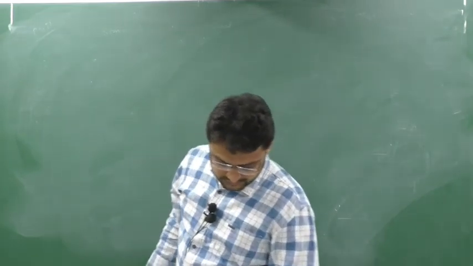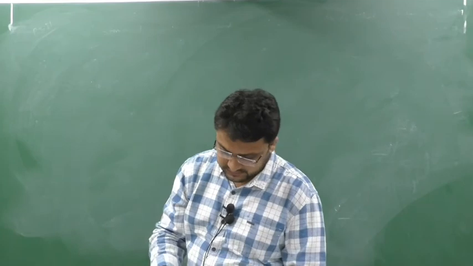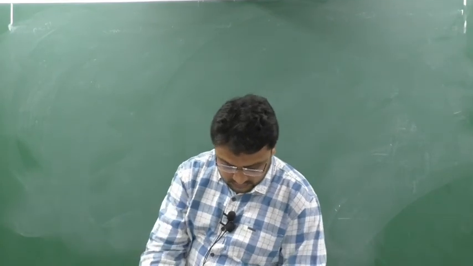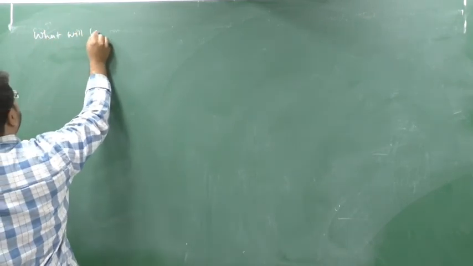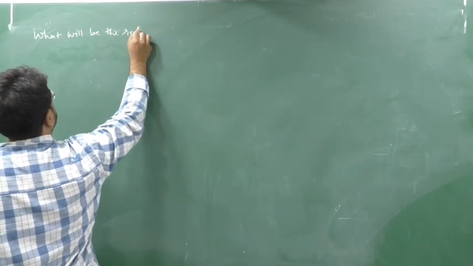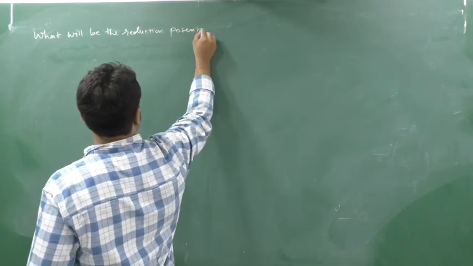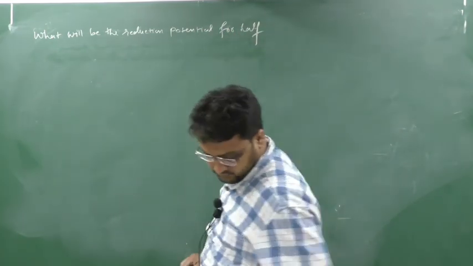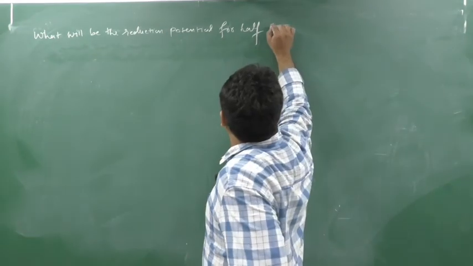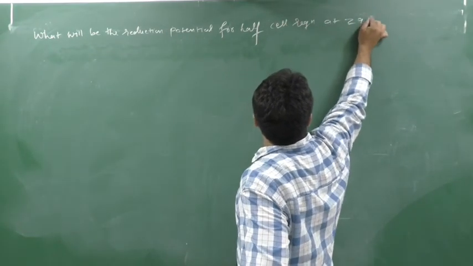The next question they ask, same page number: what will be the reduction potential for the half cell reaction at 298 Kelvin?